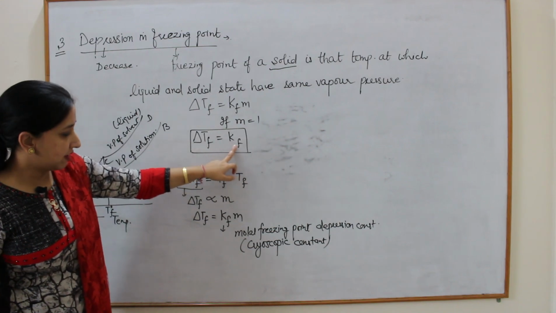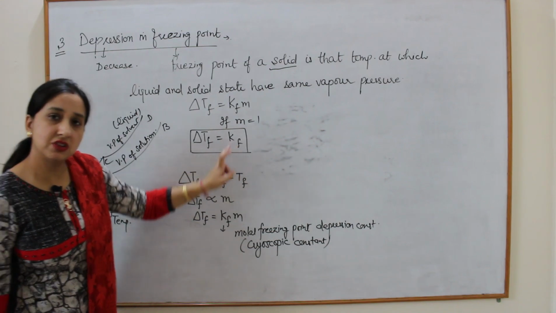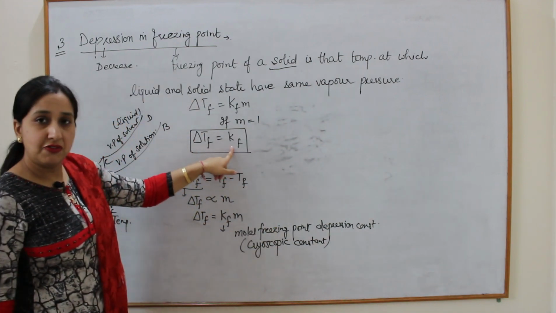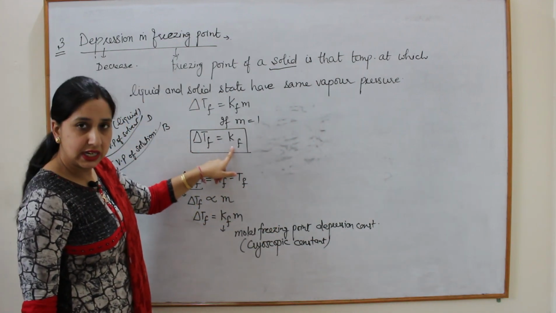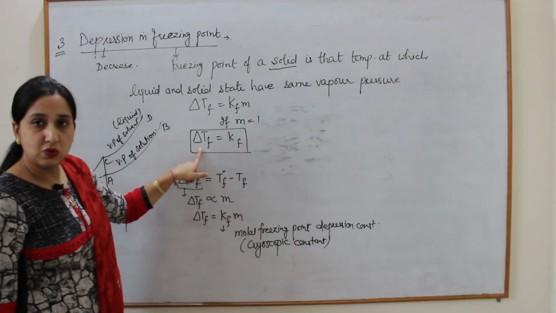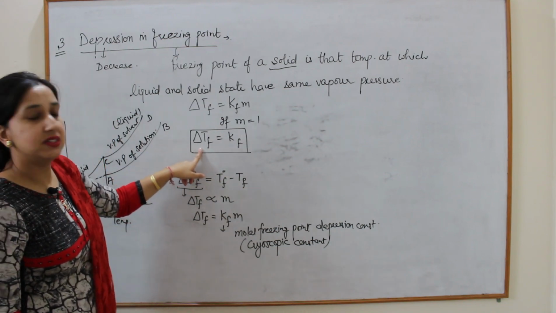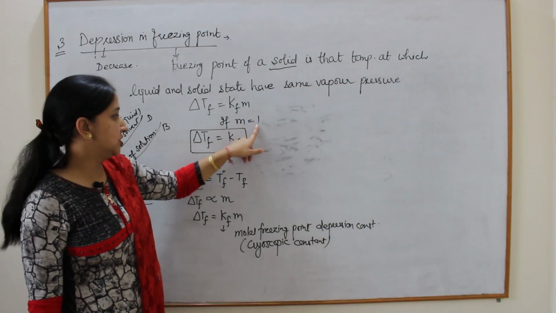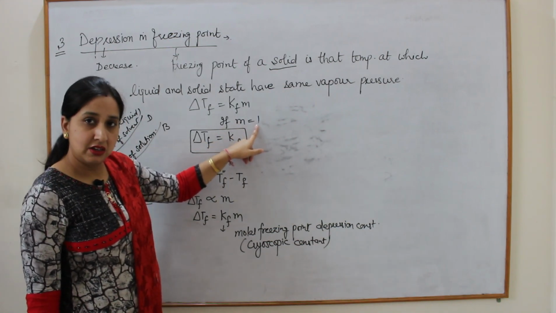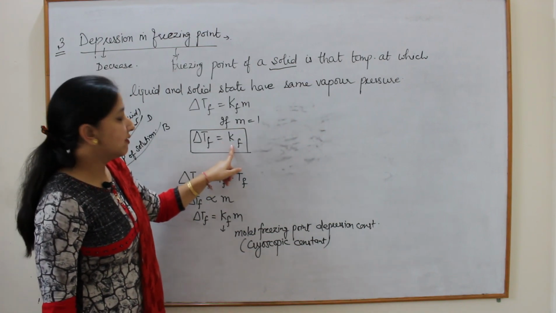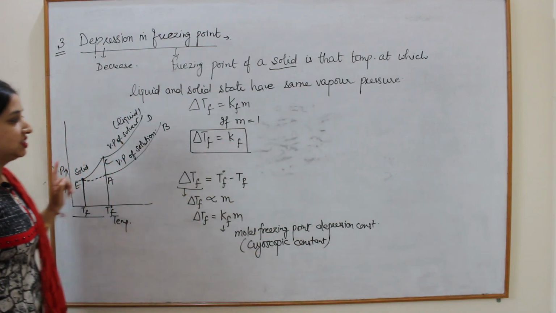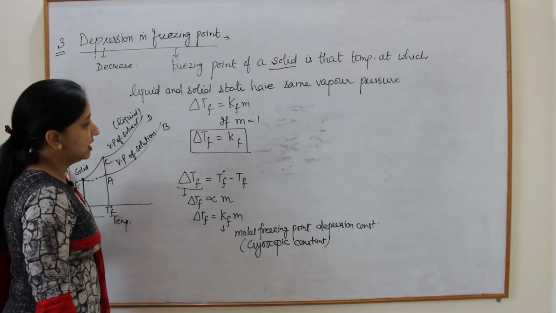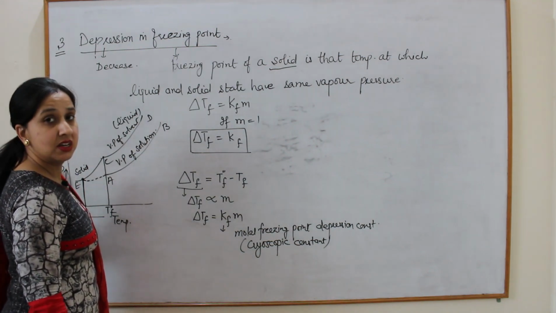What is the definition of this KF, or cryoscopic constant? This KF, or cryoscopic constant, is equal to the depression in freezing point when the molality of the solution is 1. Okay? So KF is the depression in freezing point when the molality of the solution is 1.